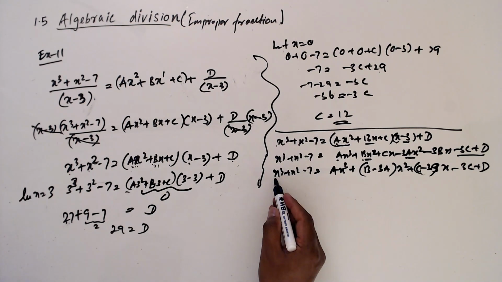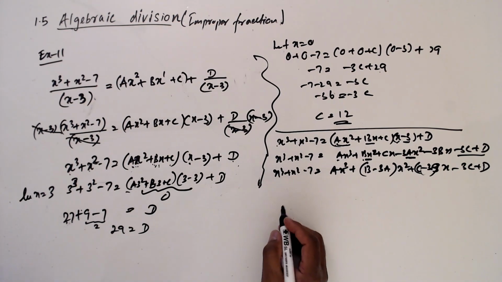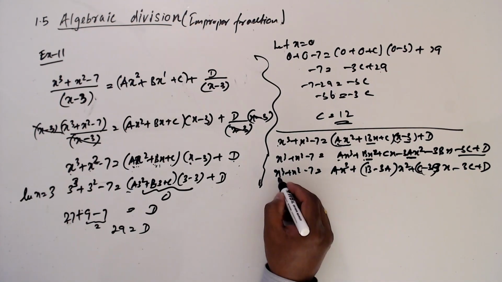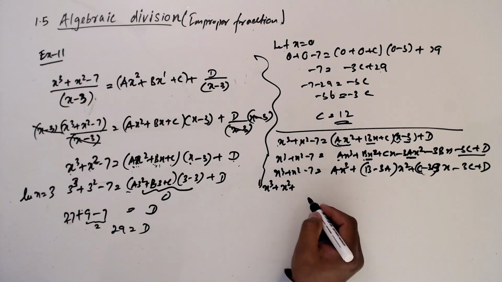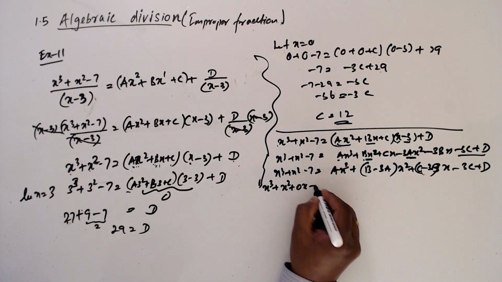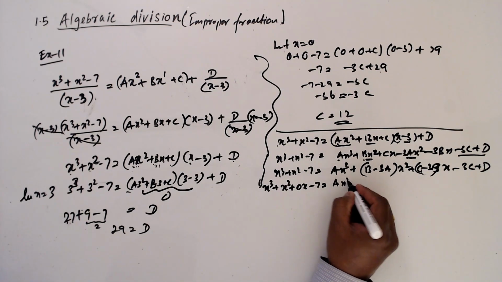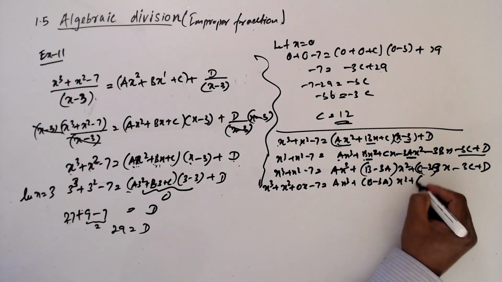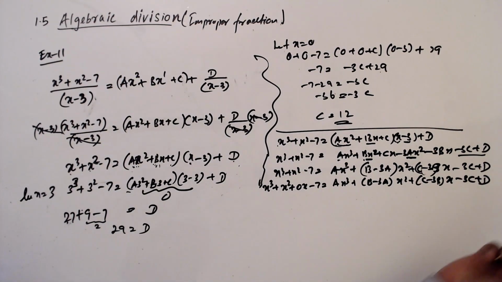So you can work this totally with equating coefficients. Let me rewrite: x cube plus x square, and there is no x term, so I'll write 0x, minus 7 equals ax cube plus b minus 3a times x square plus c minus 3b times x plus minus 3c plus d.